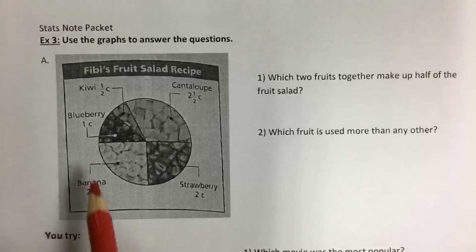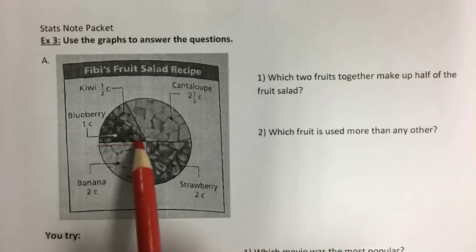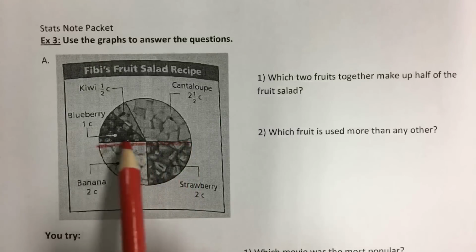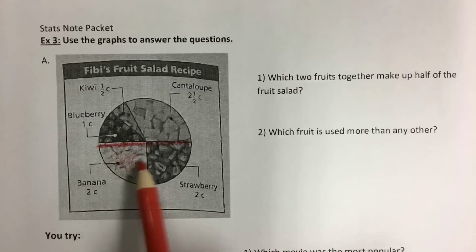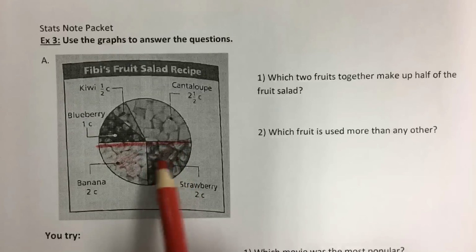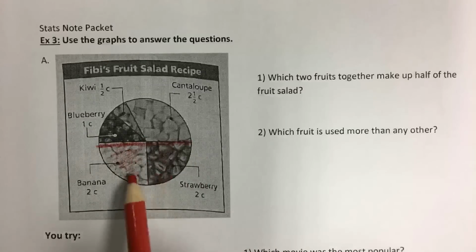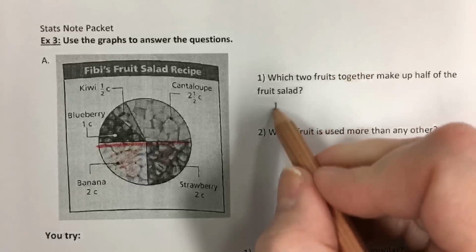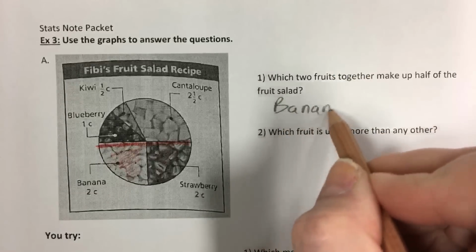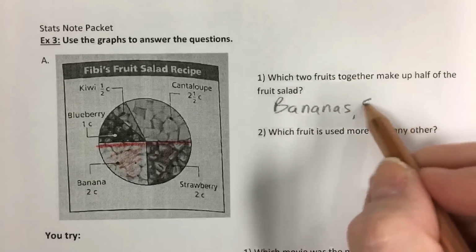If we divide our circle in half, it looks like these two ingredients right here would make up half of our circle. And that is our bananas and strawberries.